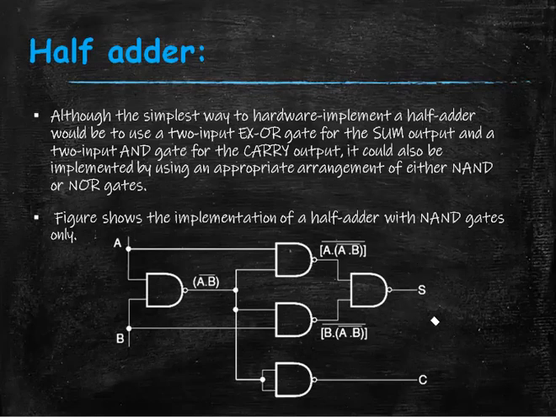Here we obtain sum from here and carry from here. Look at here. The inputs A and B are given to the input of the NAND gate, and it gives the output (AB) bar. That (AB) bar is given into this inverter. Then (AB) bar gets negated and gives AB here. What will be here?